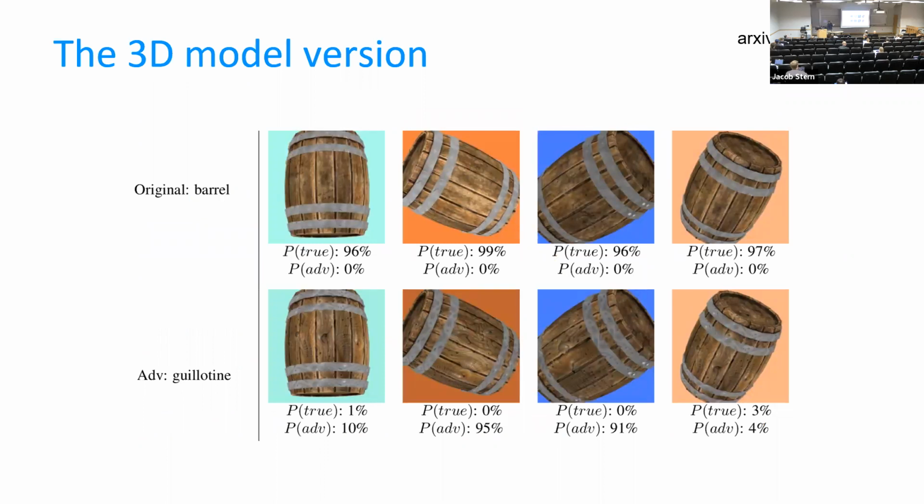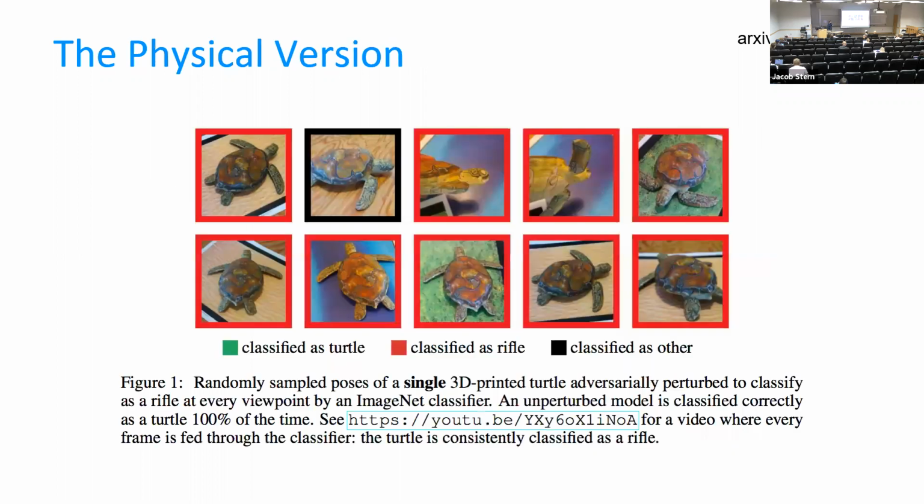Then in another experiment, they predicted parameters of a 3D model. That was their x prime. And then the transformation was a rendering of that model. And you can see that, again, those transformations were able to fool the network. And you might be able to see where we're going with this.